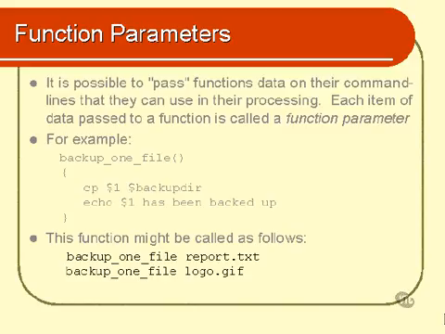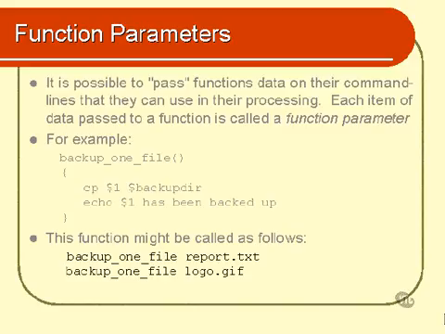It's almost like there's an explicit variable assignment taking place. It's almost like someone's saying 1 equals report.txt, and then the second time 1 equals logo.gif, and then we'd obviously be treating 1 as the name of a variable so that we can use $1 to extract the contents of that variable. That's kind of what is happening under the bonnet, but we can't actually see that happening.